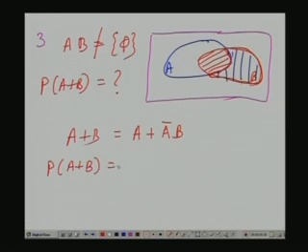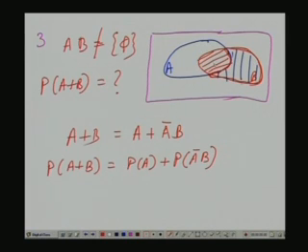That means I can write by axiom number 3 now, P(A) plus P(A bar B), and then this fellow is coming, this is a problem. A bar B is this area. Now, consider B. B has got two parts.